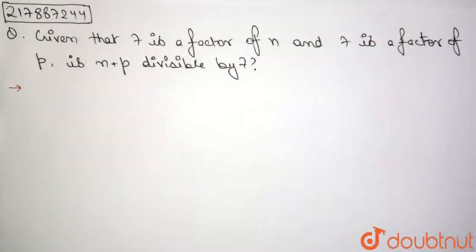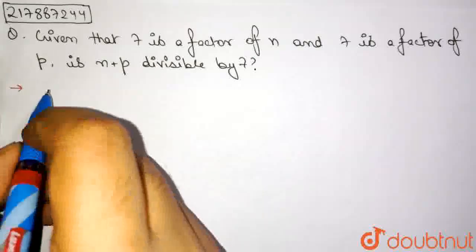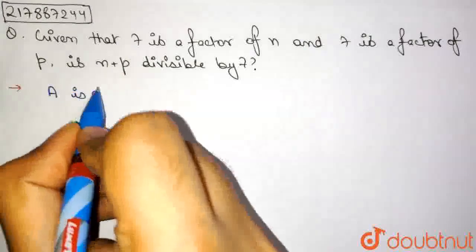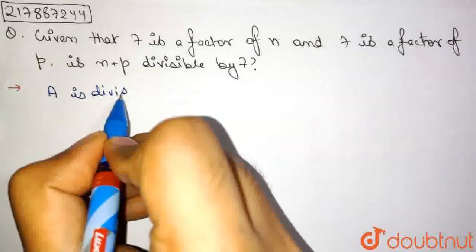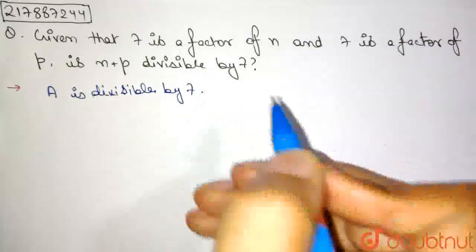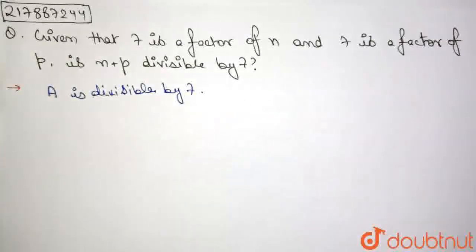Now if I brief you about some concepts, if a number, say number a, is divisible by 7 or any other number for that sake, it is divisible by 7 because 7 has been given to us in the question. That means there is no remainder, right?